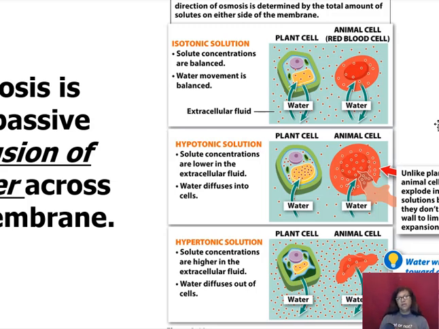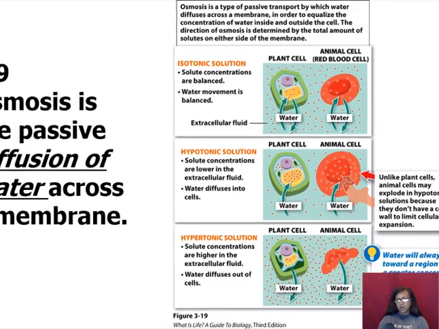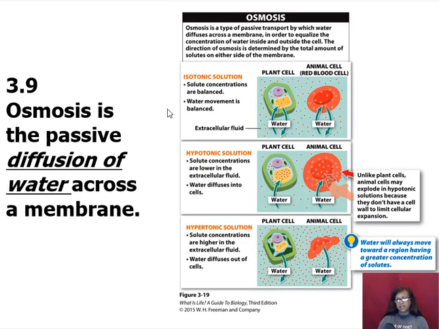And so this is really important in the medical field because we want to make sure that we are giving the right type of solution for the problem that we're trying to solve. Okay? So most of the time, we are reaching for an isotonic solution because we're not trying to move water from different compartments at all, right?